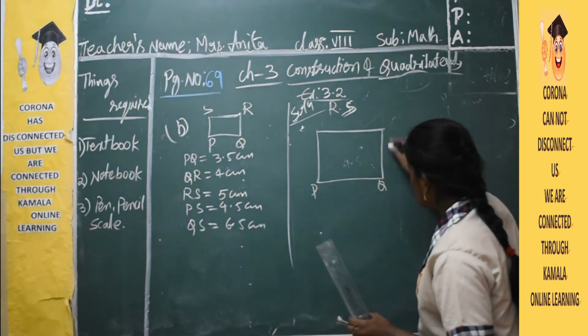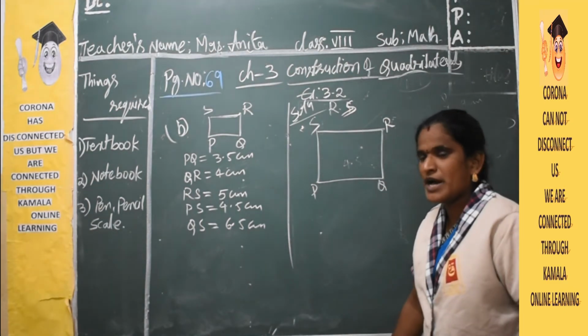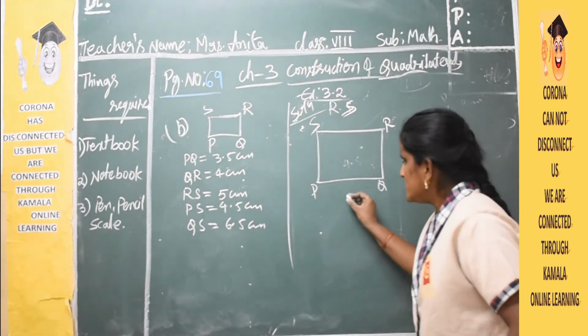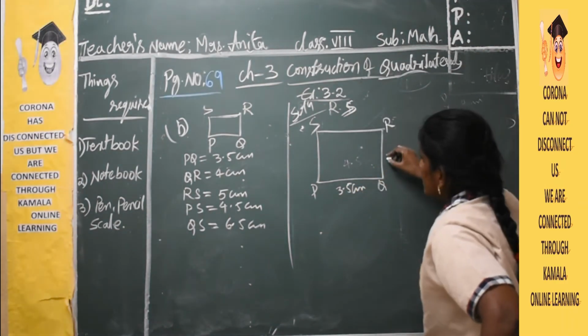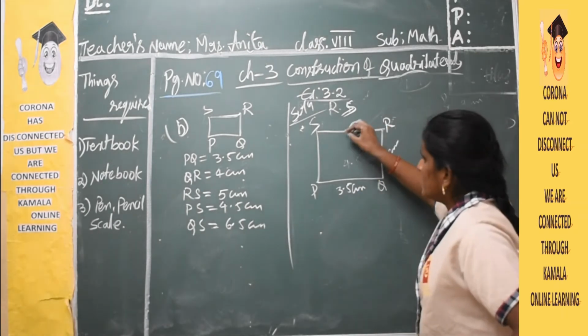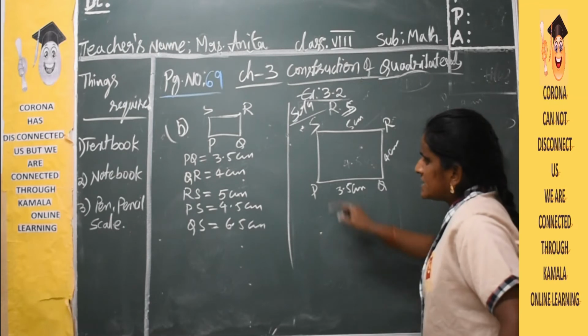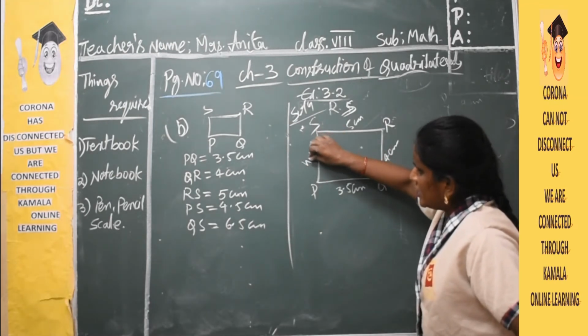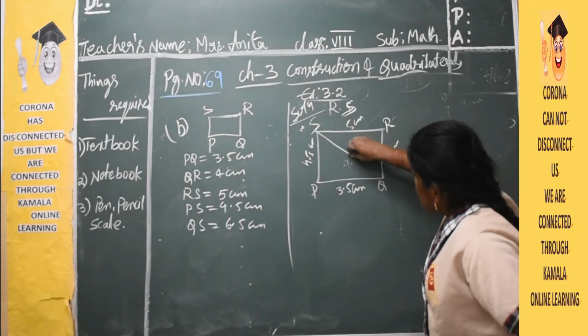For the rough sketch, I am going to take this type of quadrilateral PQRS. In this, PQ is given as 3.5 centimeters, QR is 4 centimeters, RS is 5 centimeters, and PS is 4.5 centimeters. Then in this problem they are given the diagonal QS.